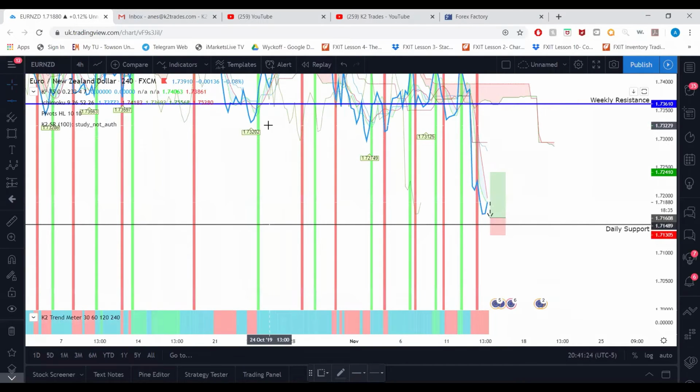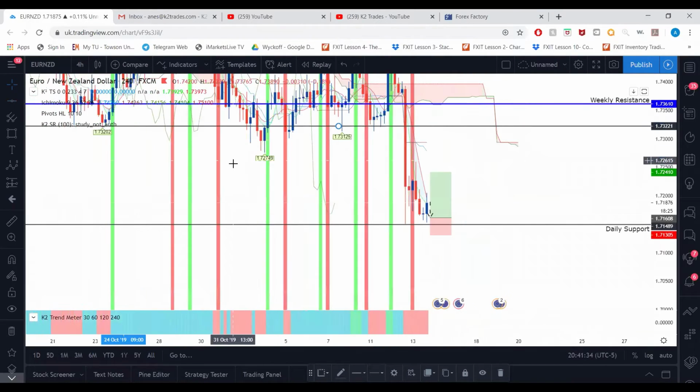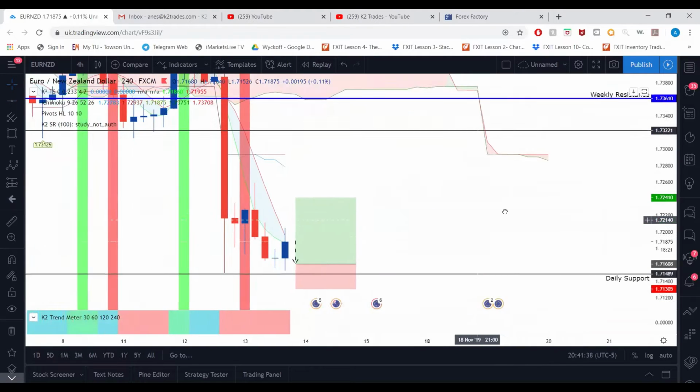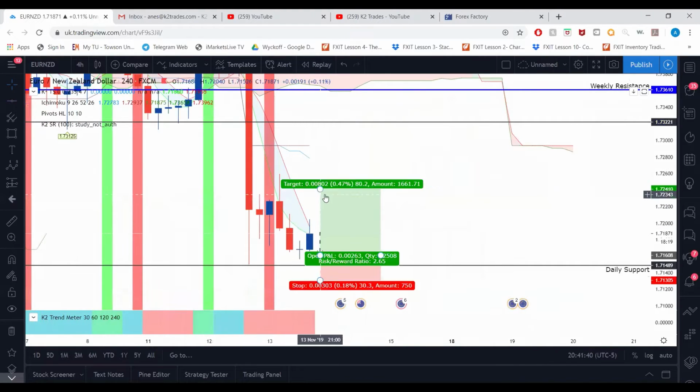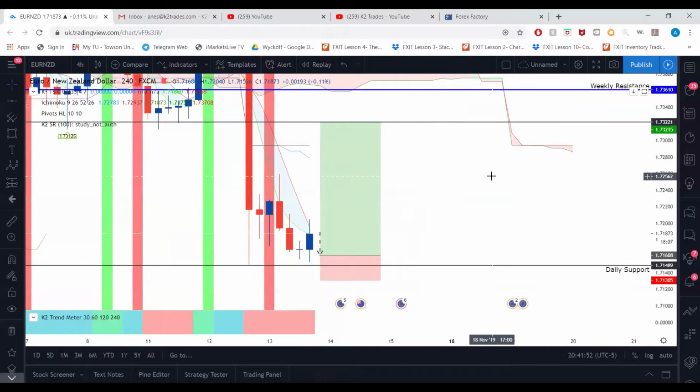So we can do that. Yeah, I'll definitely target this. So the first TP I would personally do, I would look for 80 pips and then possibility of, what's that, 150, well, I think it will be 160.